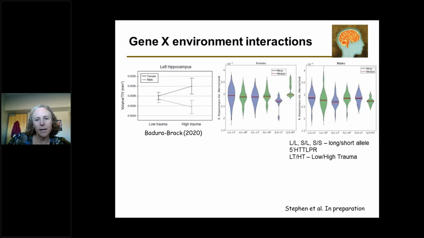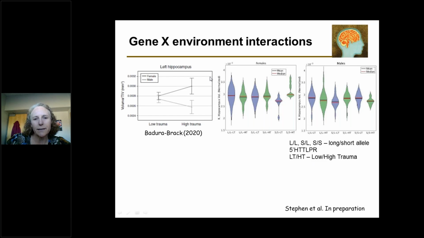So if you look at the 5' HTT-LPR allele specifically, this particular allele has been implicated in different response to stress during childhood. So if you have a particular allele, then you just respond differently to stress or traumas, for example.